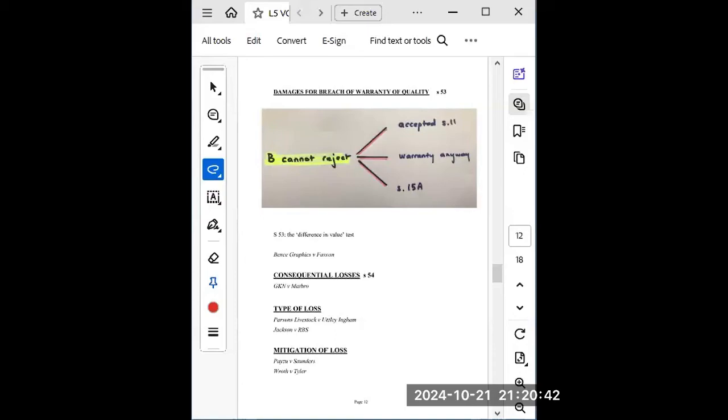This buyer did not mitigate his loss. Of course, the innocent party only has to do what is reasonable. In Roth against Tyler, the seller did not deliver goods, but the buyer did not have cash nor have credit terms with another supplier.